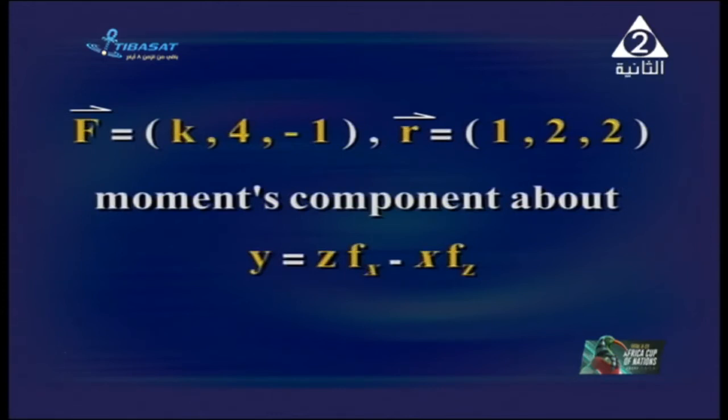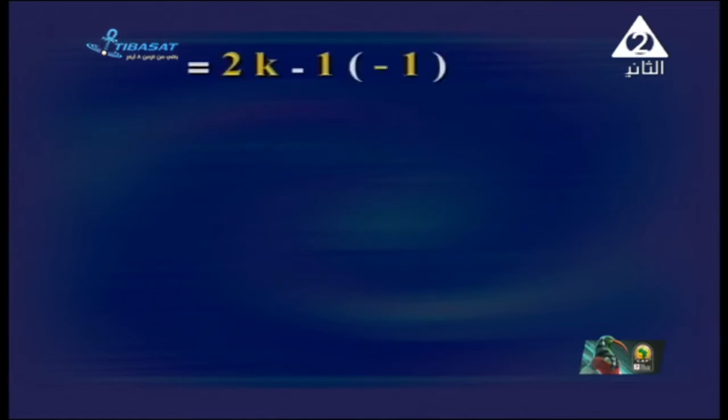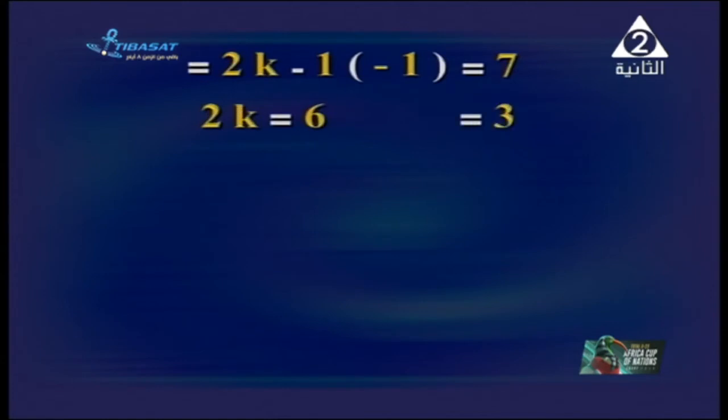Fx is k, Fy is 4, Fz is negative 1, and x, y, z are the components of our vector (1, 2, 2). By substitution into z Fx minus x Fz, we get 2k minus 1 times negative 1. This from the given equals 7. Then we find the value of k equals 3.